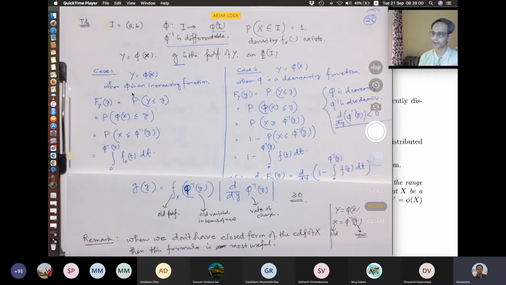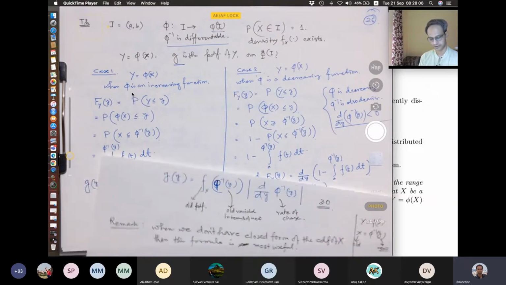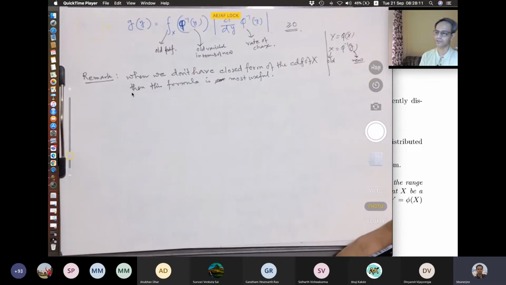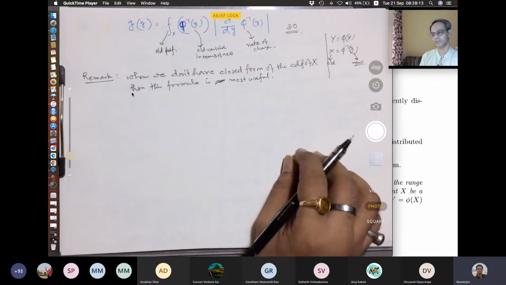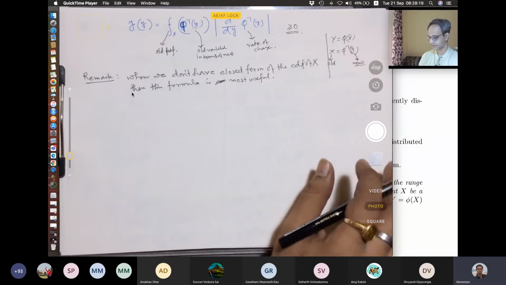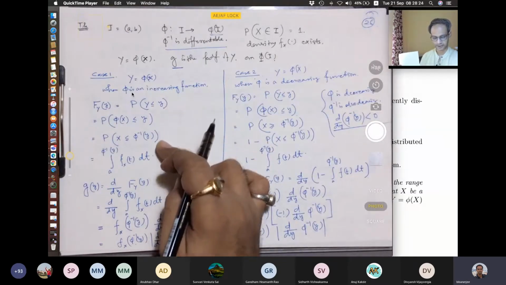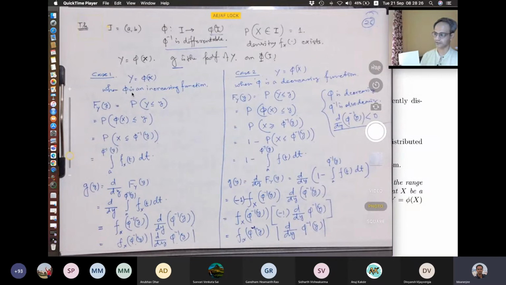Then part by part you have to take care, and then you have to merge it. So that is a little bit tricky job. But if you can go by CDF, my suggestion will be always go by CDF. The chance of error is much less. So by CDF I mean you start from this expression and in this way, and then derive. So that will be a safe path if possible.